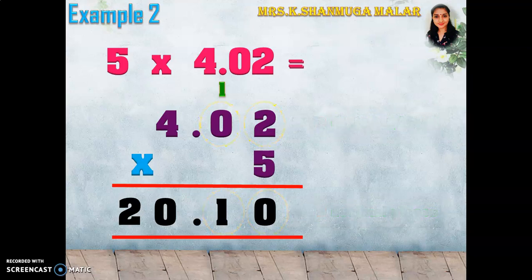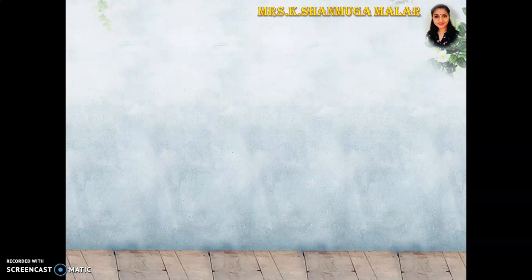So, the answer for this question is 20.10. When we have a 0 after the decimal, it has no value. So, we just no need to write the 0. So, the answer is 20.1. Let us look at the third example.